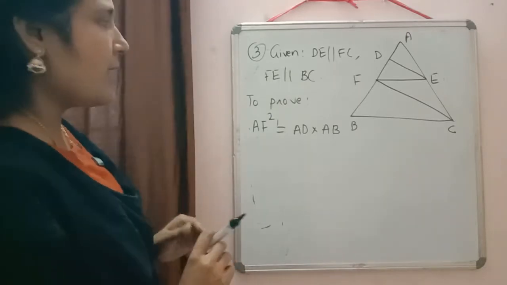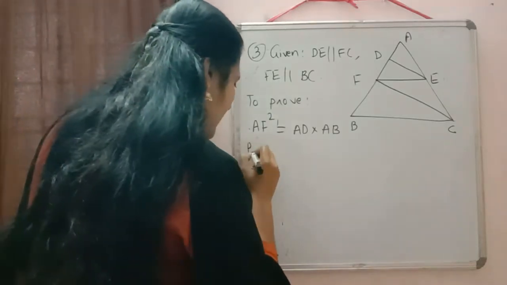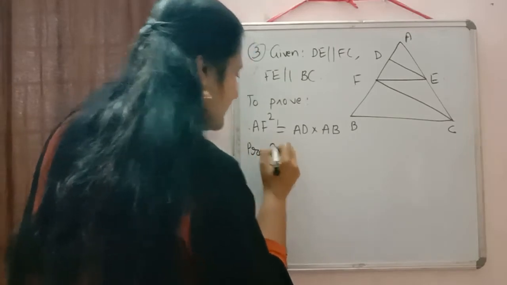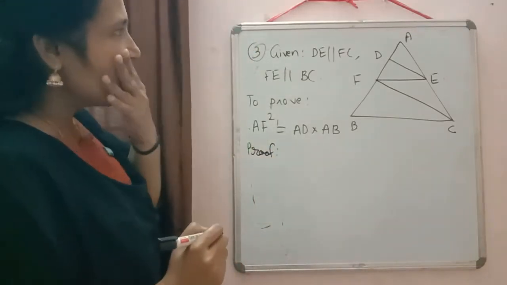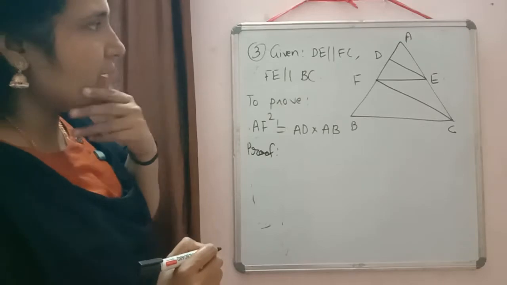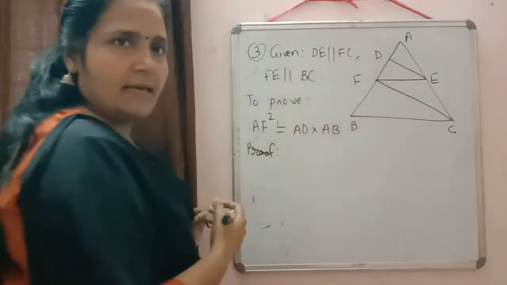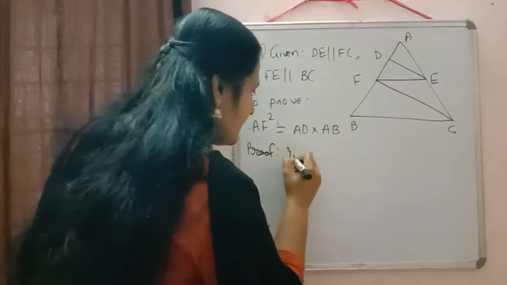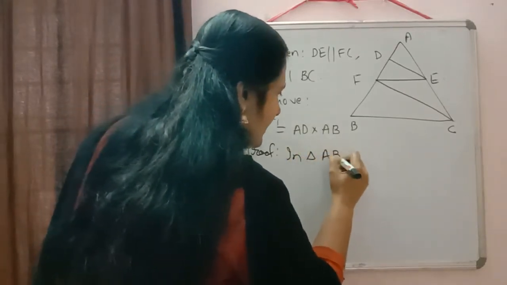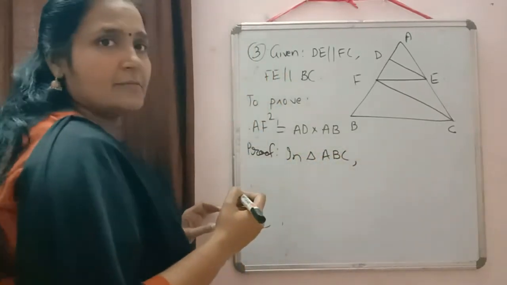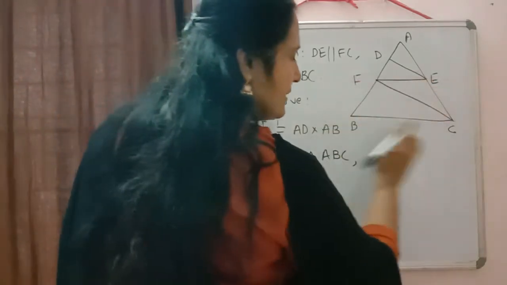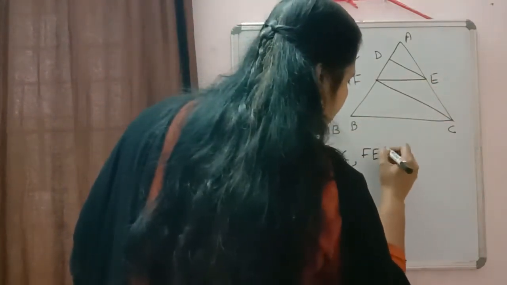We have some parallel lines, so we can check how we can use BPT in these conditions. You can check the first one. We have triangle ABC. So first we will write, in triangle ABC, which line is parallel? FE is parallel to BC.